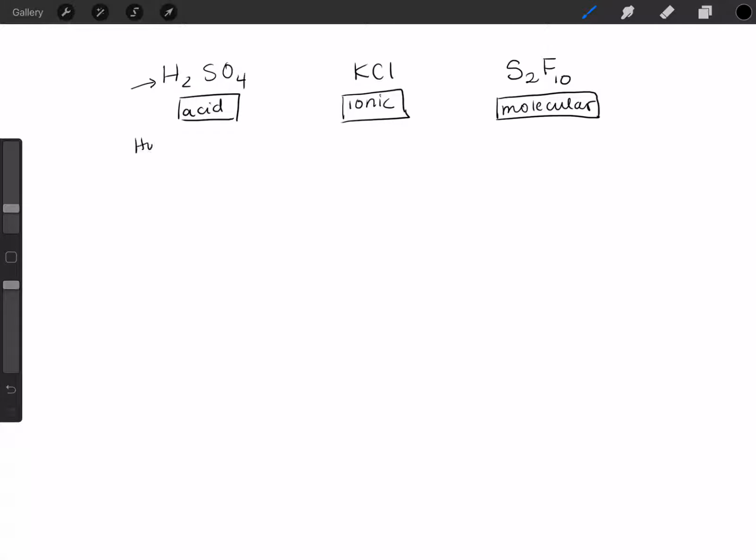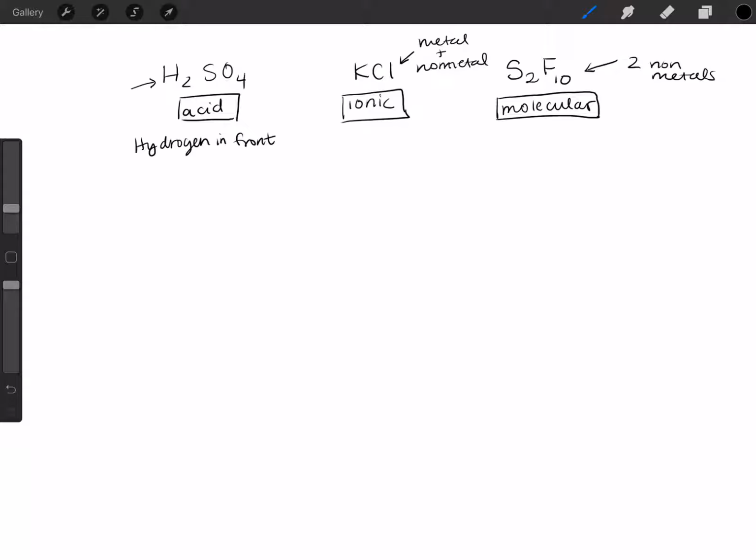It has a hydrogen in front. That means it's an acid, okay? This one over here, the molecular compound, has two nonmetals. So that makes it molecular, okay? The ionic has a metal plus a nonmetal. So that makes it ionic, okay?